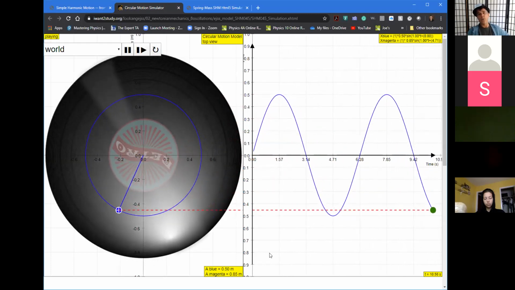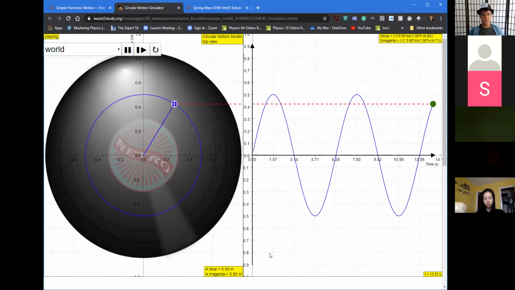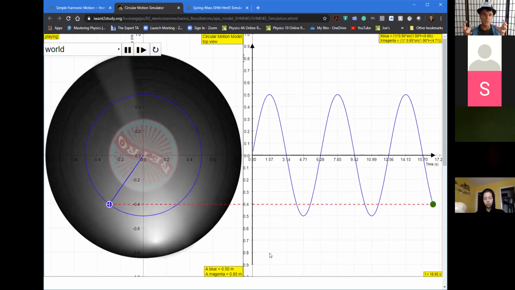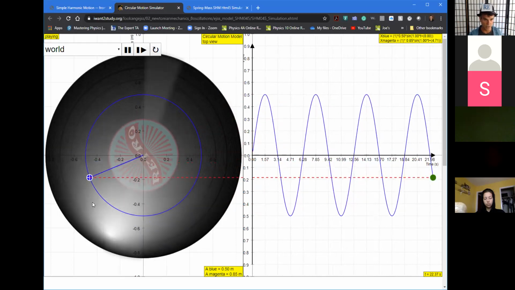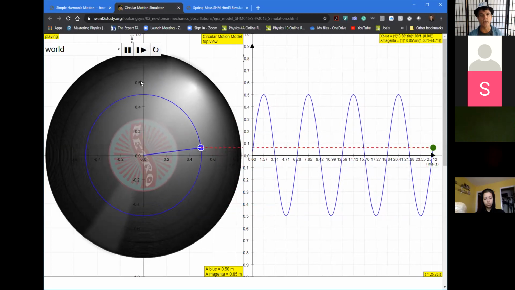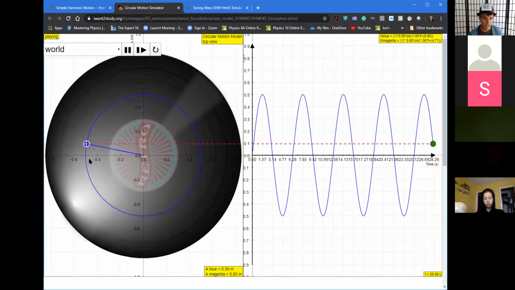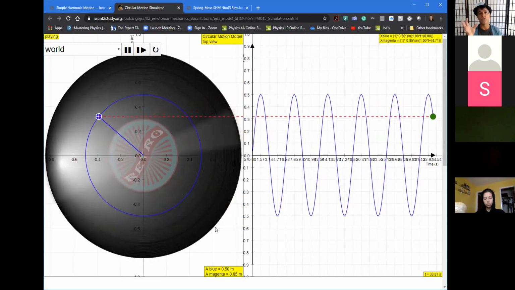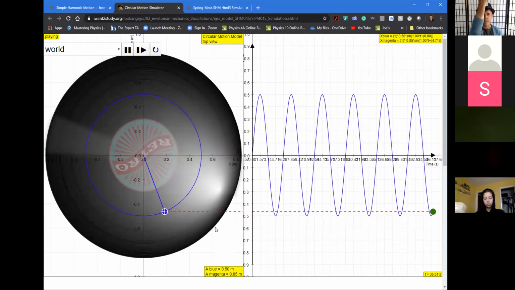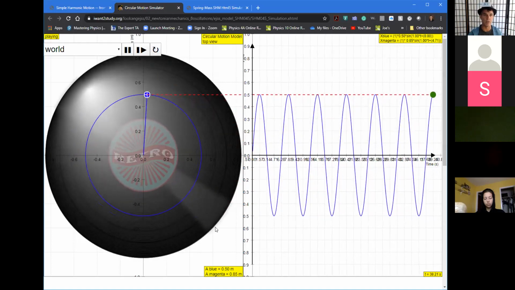So one of the really cool things about simple harmonic motion is it's directly related to uniform circular motion. If I have an object moving in a circular path at some angular speed omega, and I look at the y component of this as it's moving, that will trace out the position of an object, let's say, oscillating up and down in simple harmonic motion.